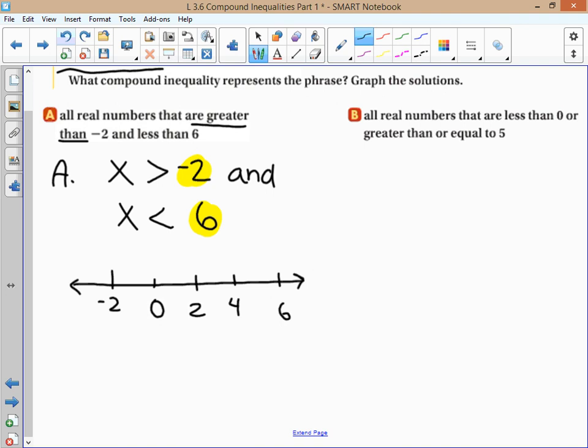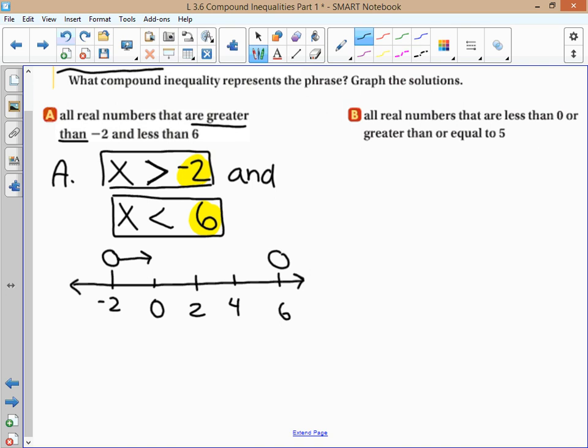Now I'm going to graph it. X is greater than -2 because it's strictly greater than. It's an open circle at -2, and the arrow points to the right. Now I graph X is less than 6, starting at 6, open circle because it's strictly less than, arrow to the left. Well, the numbers that intersect this inequality and this inequality are just the numbers in the middle.